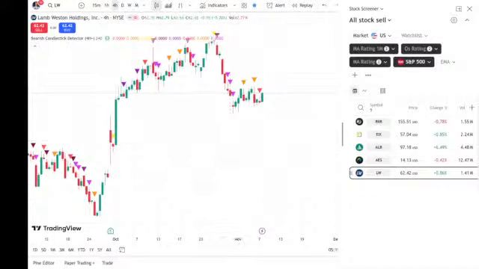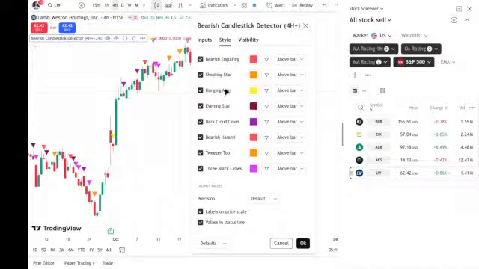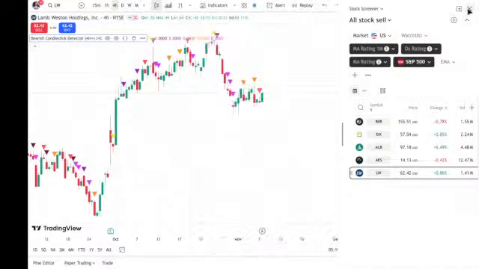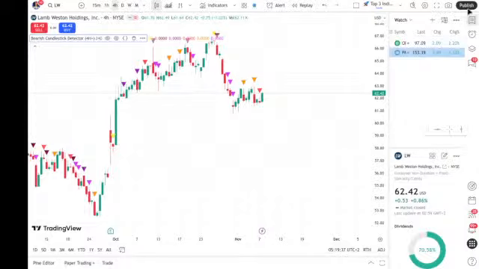But the good news is that I've updated my code and we have more bearish candlesticks now. And the good thing was, we discovered these two here. Yeah, we discovered these two.